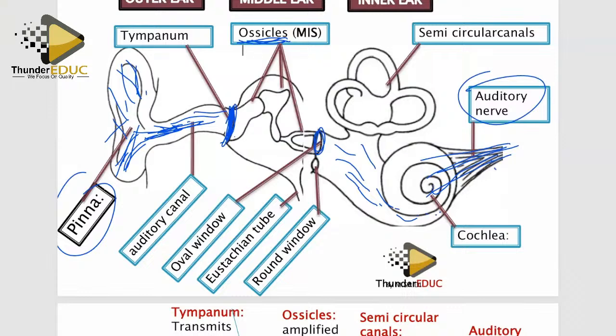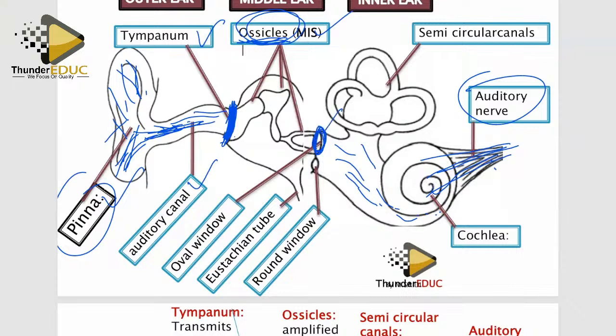Let me repeat. The pinna collects sound and directs it to the auditory canal. The auditory canal transmits the wave to the tympanic membrane. So the tympanic membrane is done, the pinna is done. The tympanic membrane will cause the ossicles to vibrate, so they start to shake. The ossicles will amplify the vibration and also transmit it to the oval window.